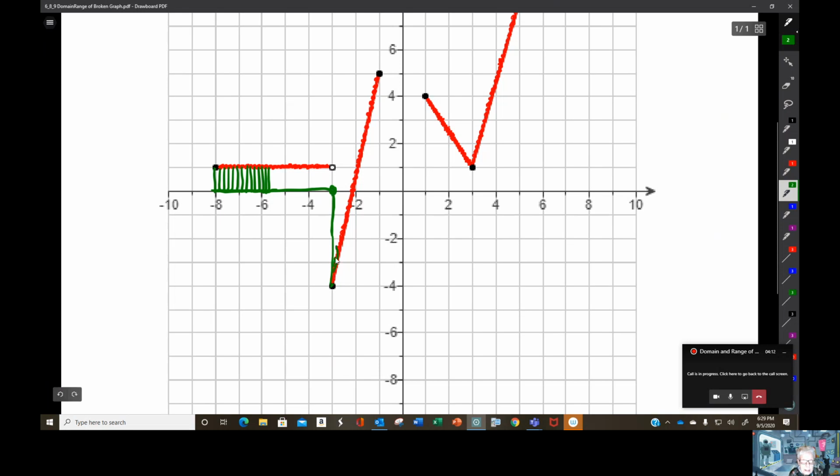All of these points here match up with points on the x-axis. Of course, they're so close together. What you have is what looks like a solid domain.